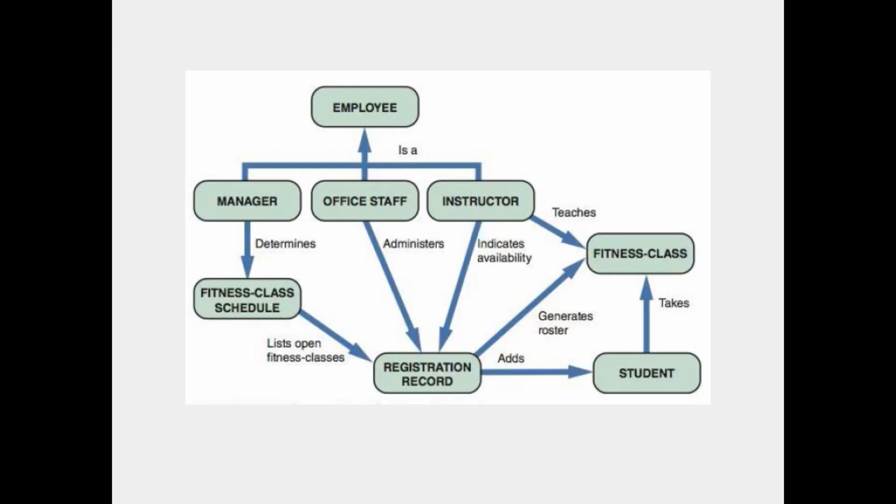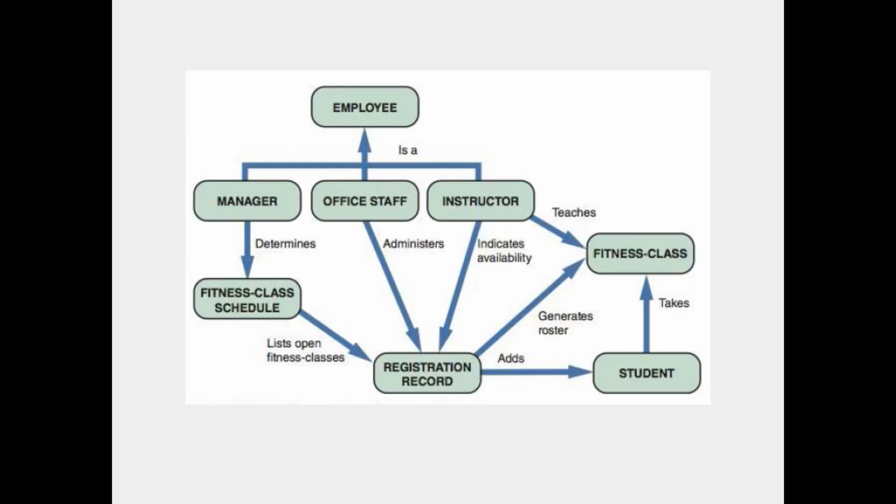Right. Now you can see in this one, all these rectangle objects with rounded corners basically show you different objects and then different types of relationships among these objects.